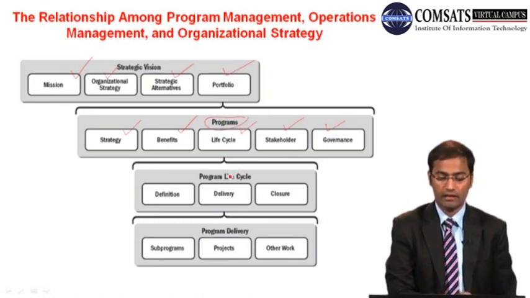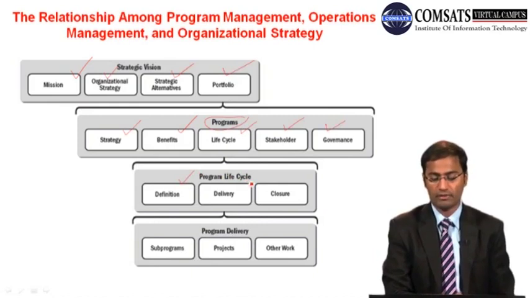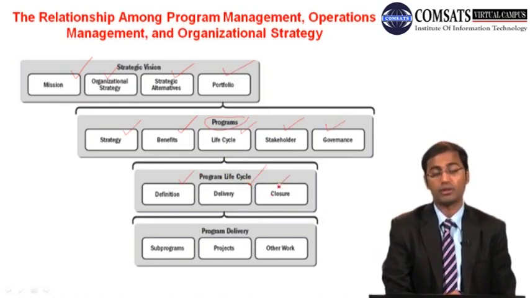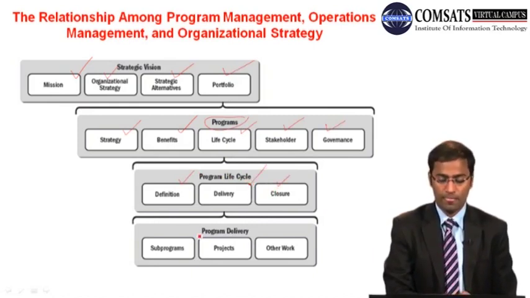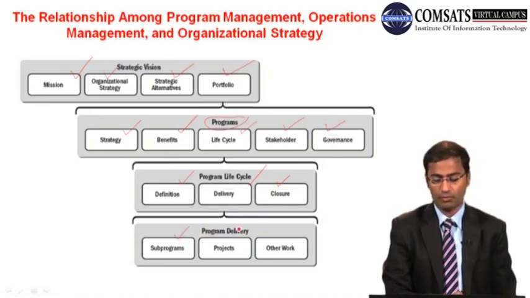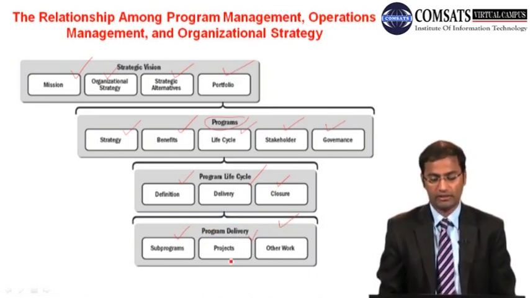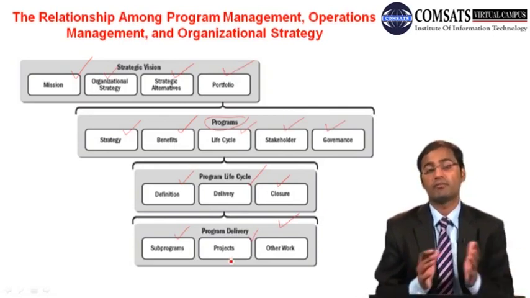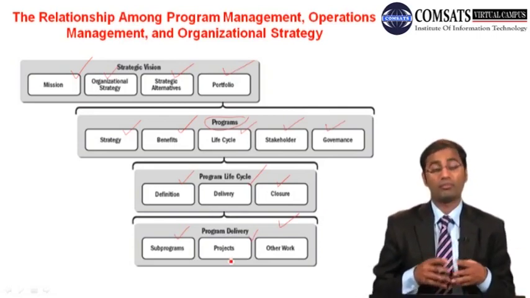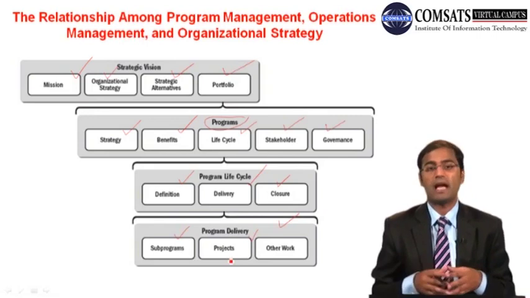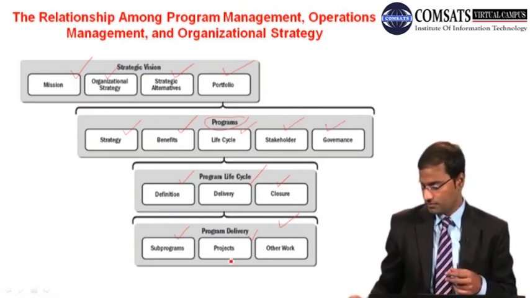Then in the program life cycle, we define programs, then deliver, then close the program. Program delivery is further divided into sub-programs, projects, and other work, and we can further divide such things. In this fashion, we have a very good relationship between programs, program management, and organizational strategy.